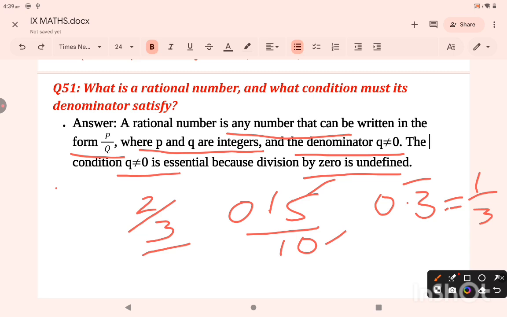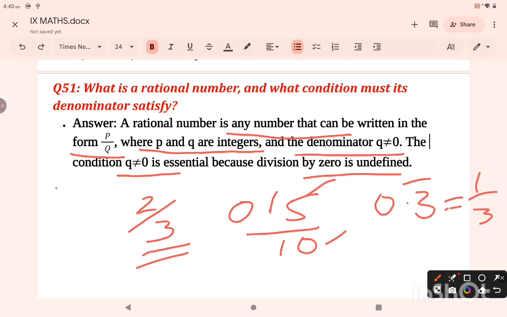That means all the numbers that are in the form of p by q or can be expressed in the form of p by q. Expressed means 0.5, a terminating decimal, can be expressed in the form of p by q. That means 0.5 is equal to 5 by 10. 0.3 bar is a non-terminating recurring decimal.